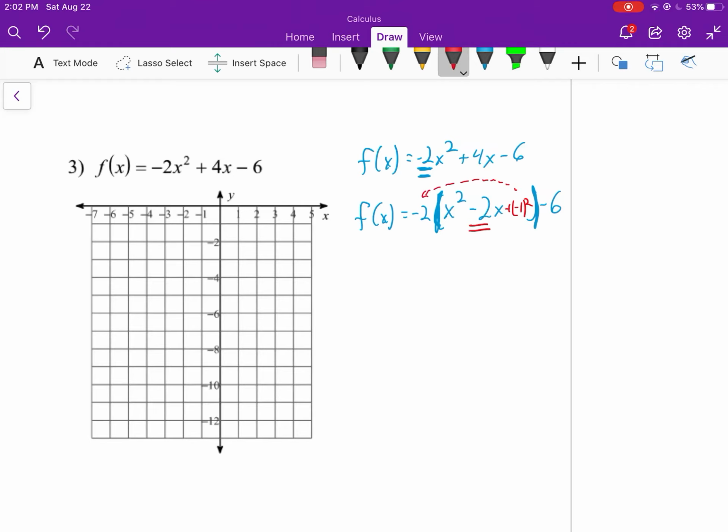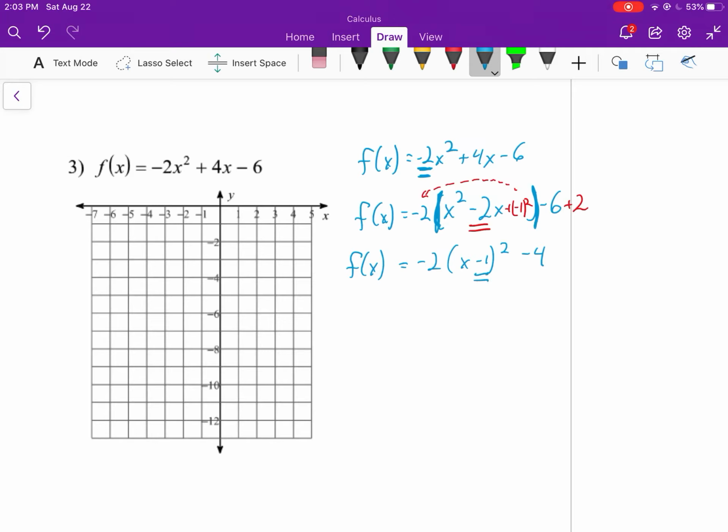So we actually added -2. So in order to keep this balanced, we have to add 2. So in reality, we added 0 to the right side of this function. And now that we've completed the square, we can write it as -2(x minus 1) squared minus 4. Now it's in this vertex form, so we can graph it.